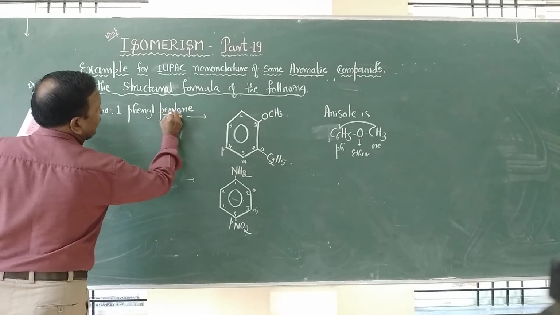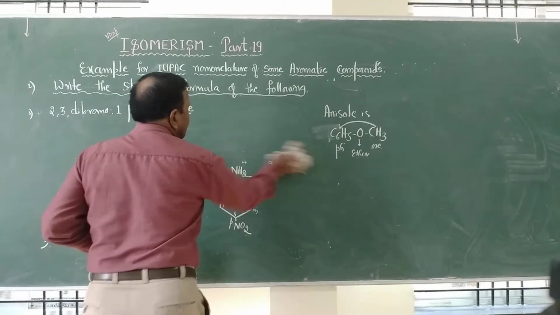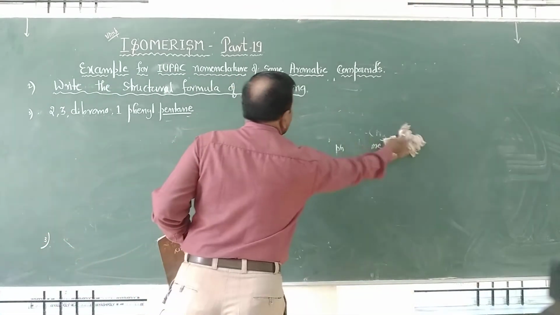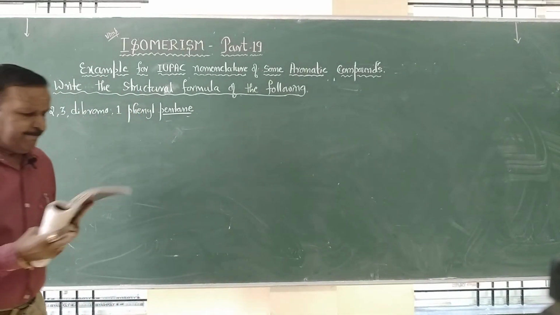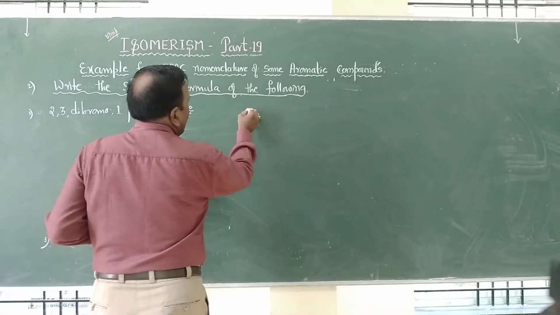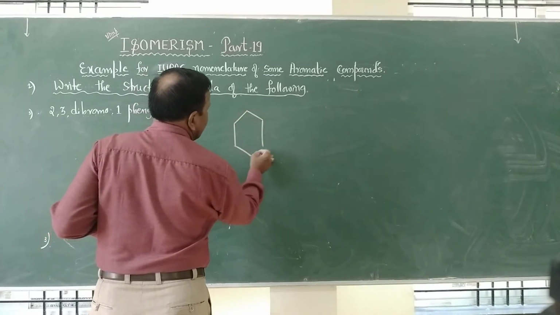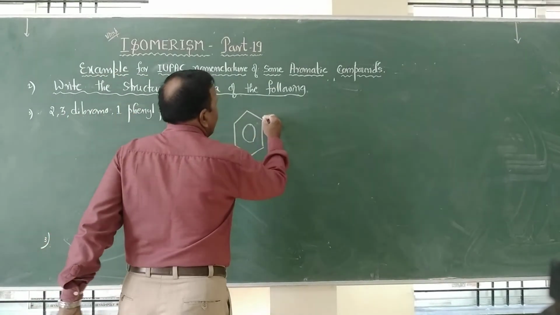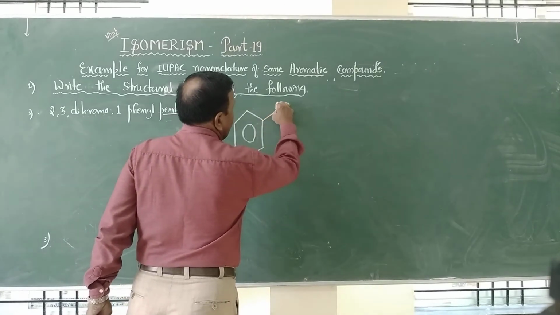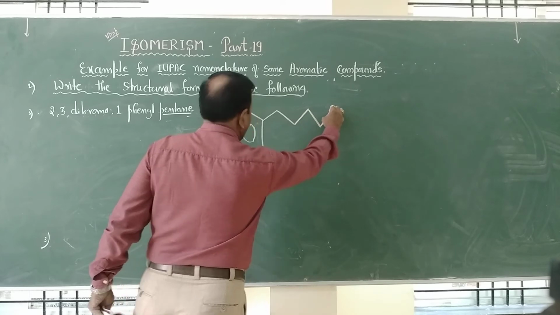So here pentane is taken as the parent compound and your benzene will be a substituent group. So how do you write the structure? You start with a benzene ring, and this benzene ring is a substituent. And then you want pentane, 1, 2, 3, 4, 5.